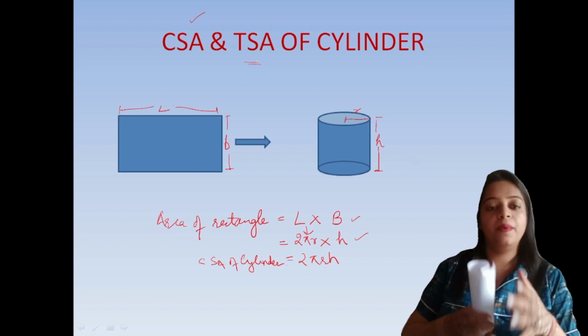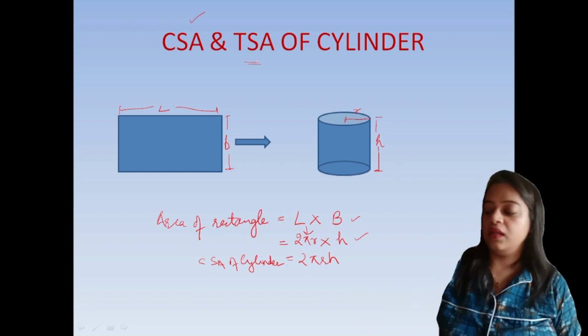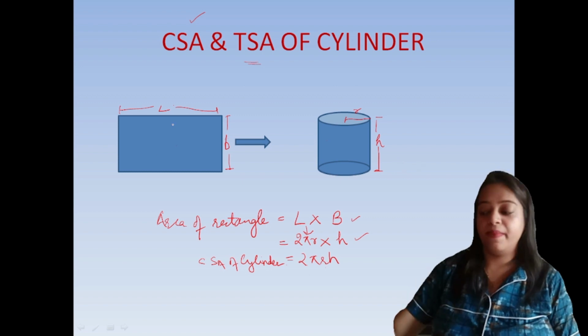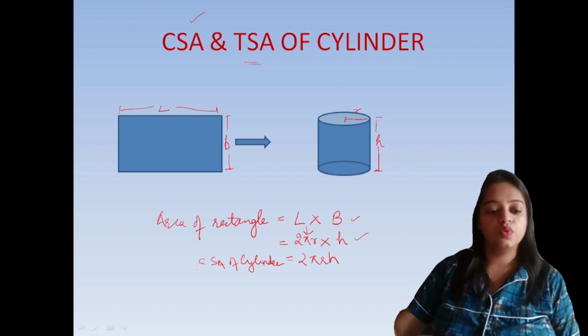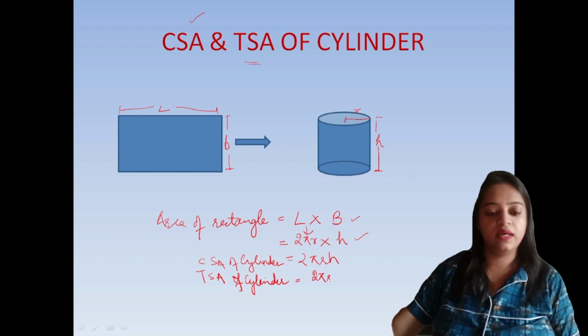So this top and bottom, you can observe it is a circular shape, and what will be the area of a circle? It will be pi r square. So total surface area of cylinder is curved surface area, वो तो रहेगा ही. उसमें we will be adding the circular parts of top and bottom.